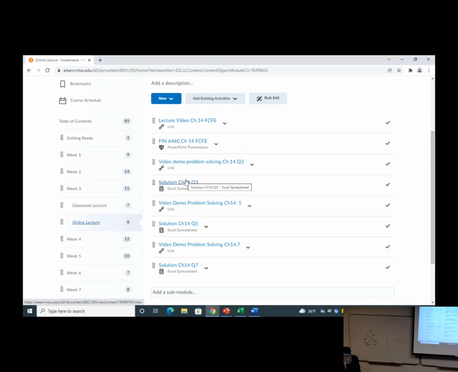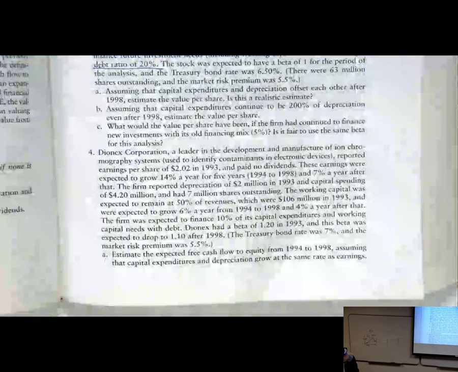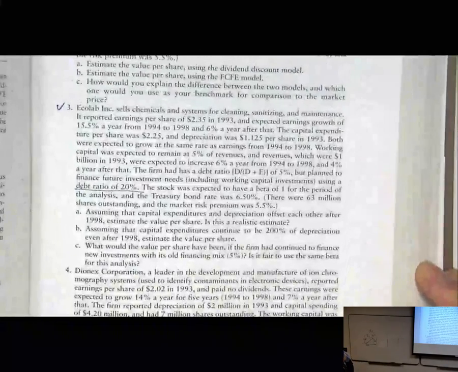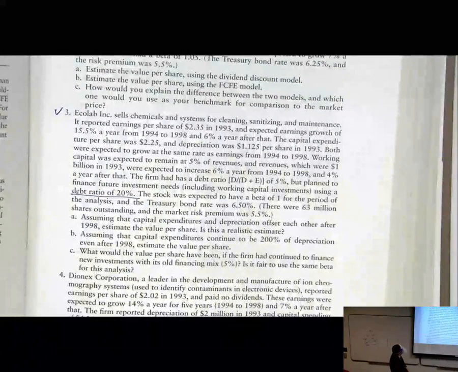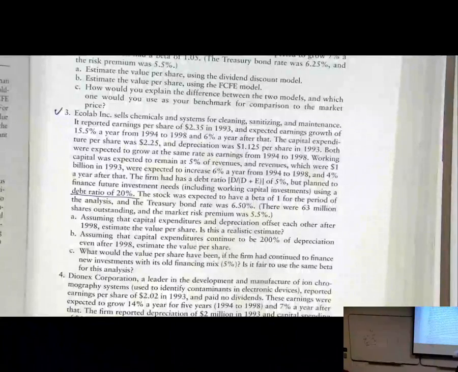The way that you build a spreadsheet will be very similar to the question in exam 2, actually. Chapter 14, question 3.